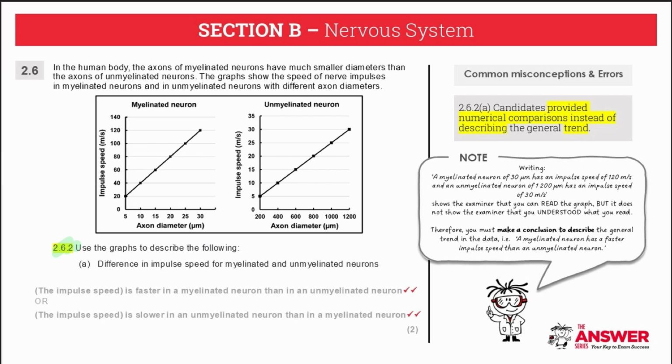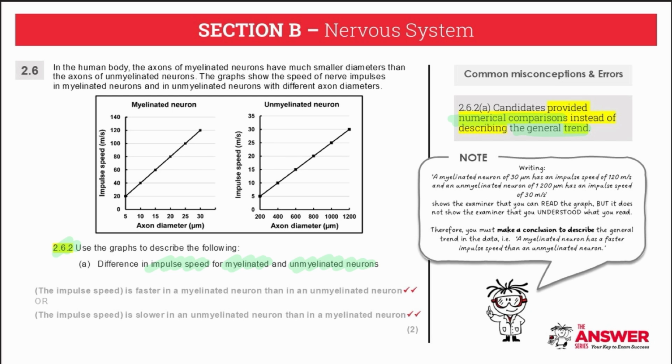Question 2.6.2 asks learners to use the graphs to describe the difference in impulse speed for a myelinated compared to an unmyelinated neuron. The diagnostic report says that candidates provided numerical comparisons instead of describing the general trend. So they quoted data from the graphs but didn't explain what that meant.